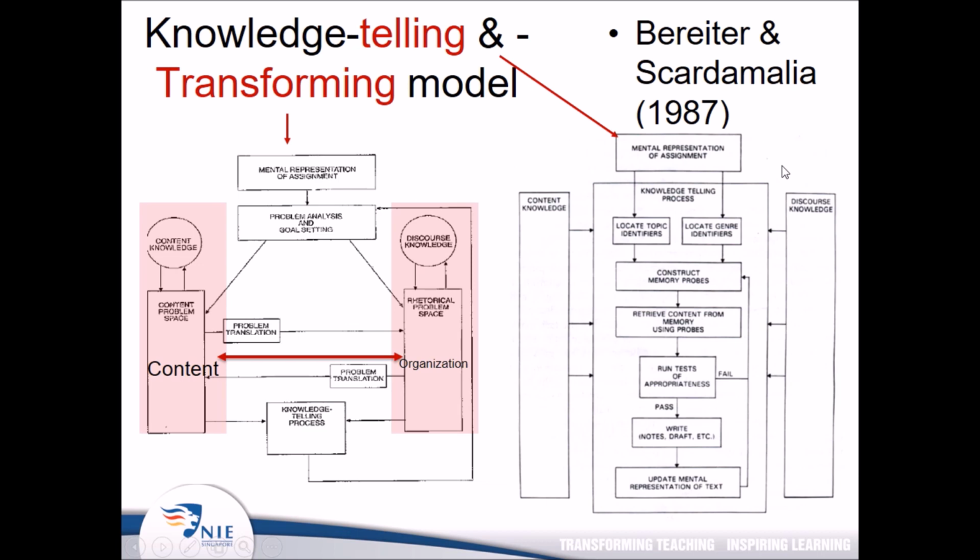The model also has a reading component to it and some kind of planning, but it doesn't explicitly mention that, so that's my interpretation. This mental representation of the assignment is generated during a reading process, which was discussed in the previous video. And then the knowledge telling process starts when you locate the genre and you locate the topic identifiers.